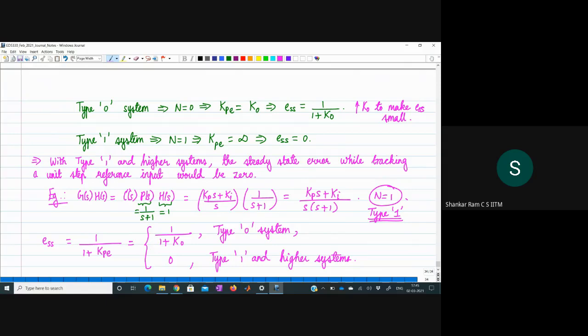Now you can immediately connect that statement to this analysis: for a plant which does not have an integral term, or if we do not have an integral term in the feedback transfer function, if we add an integral controller, we will essentially have zero steady state tracking errors for step reference inputs. So that's very important. Any questions on this?